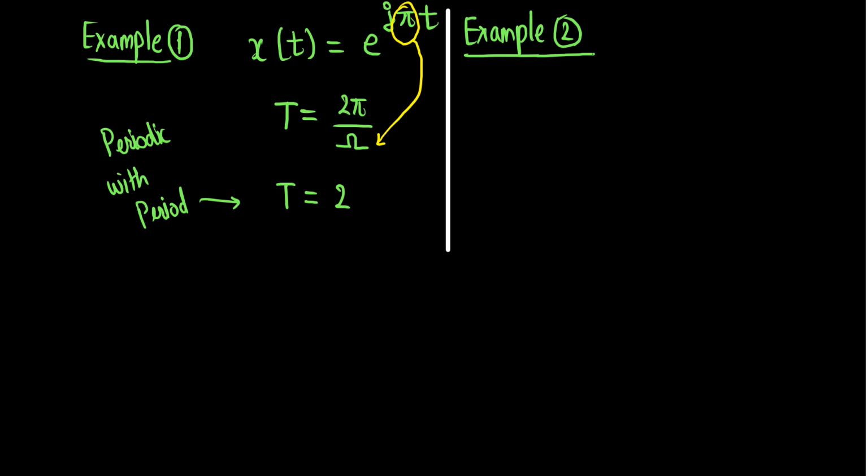Let's say x of n equals e to the power j n by 4.